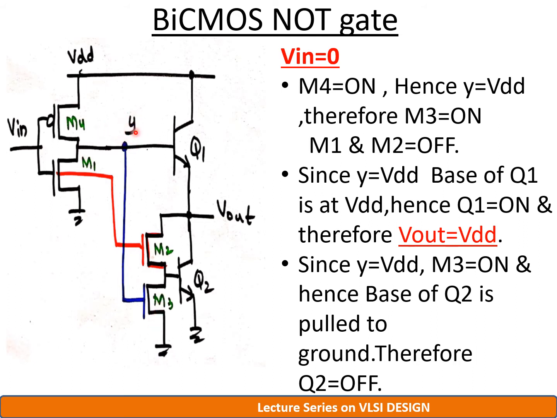Since the value of Y is VDD or logic 1, sufficient base voltage is given for Q1, hence Q1 will turn on, and Vout will be charged to VDD value. Hence when Vin equals 0, the required output is VDD.